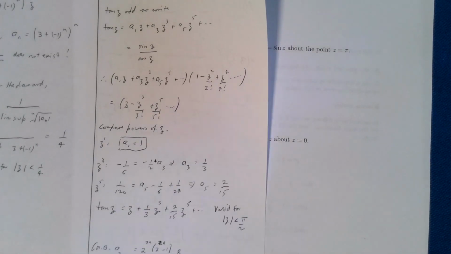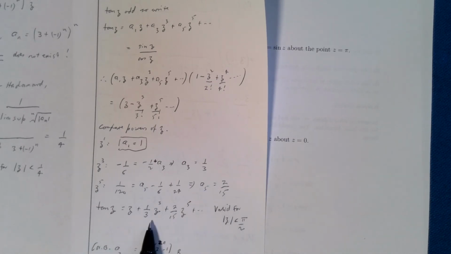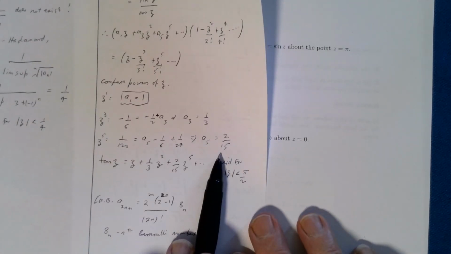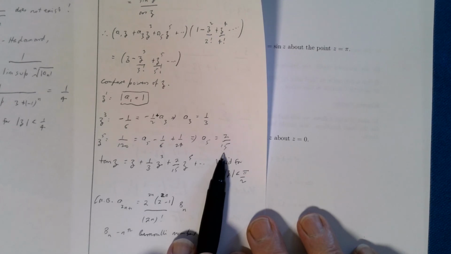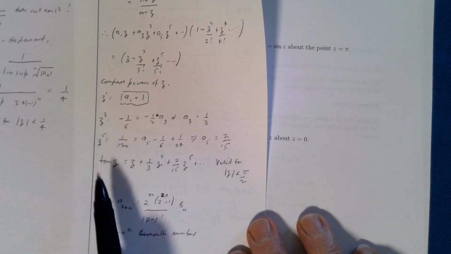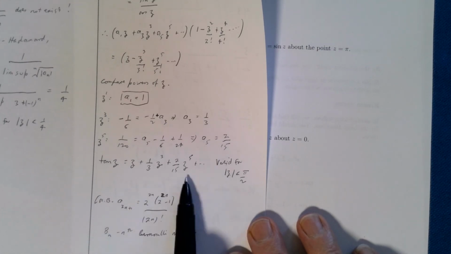So they're the terms we're going to get, and I've simply substituted in a3 and a1, and I rearrange, making a5 the subject, so I get 2 on 15. Well, you can continue on your merry way with this and work out higher degree terms, but just to write down what we've got for the first few terms of tan of z: it's z plus a third z cubed plus 2/15 z to the fifth.